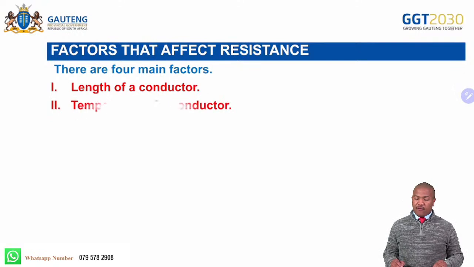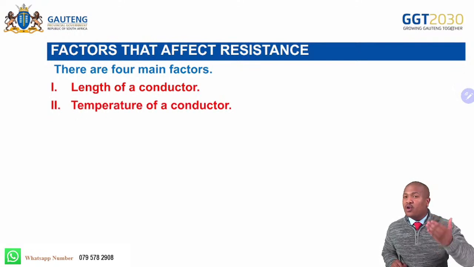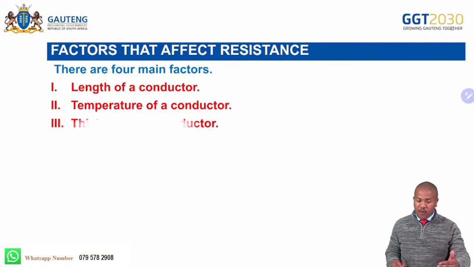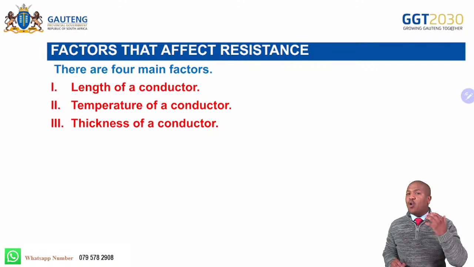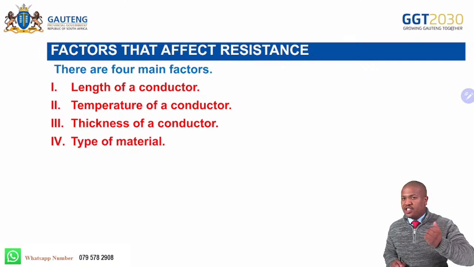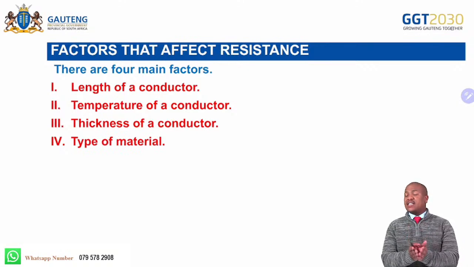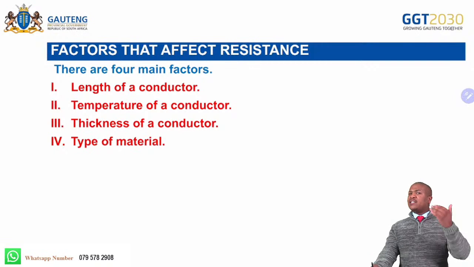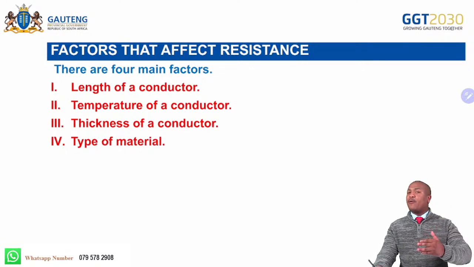And also we have temperature of a conductor, how hot or cold a conductor is. And we also have thickness of a conductor, and also type of material. These are the four main factors that affect resistance: length of a conductor, temperature of a conductor, thickness of a conductor, and type of material.